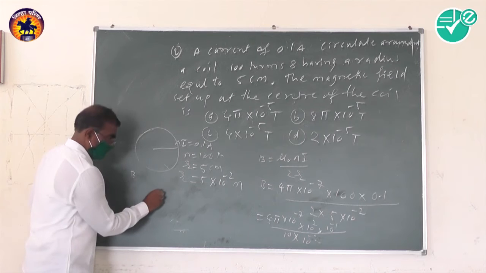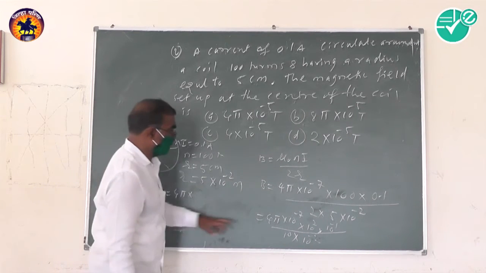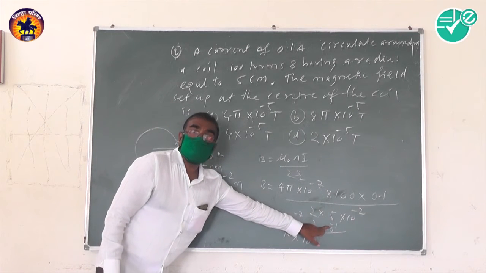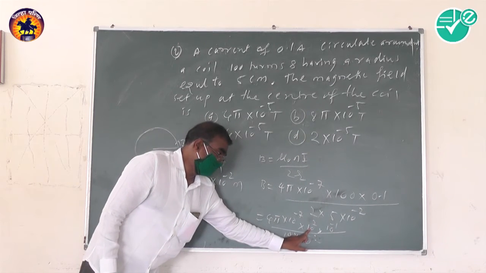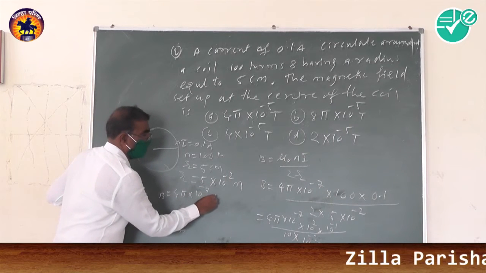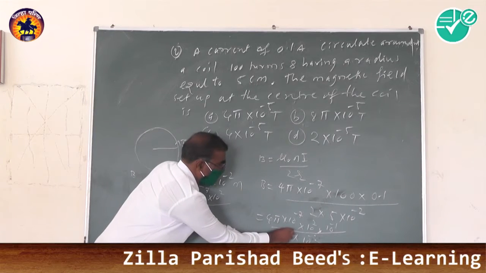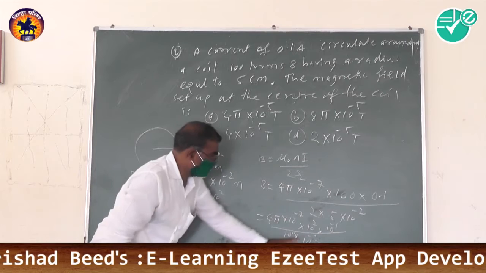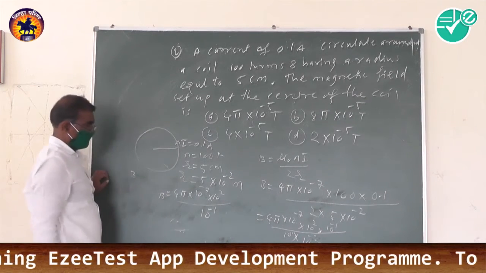See the calculation. B equal to 4 pi into 10 raised to minus 7, and 10 raised to minus 1 and 10 raised to minus 8. 10 raised to minus 8 and 10 raised to 2, minus 7 into 10 raised to 2 divided by 10 raised to 1. 5 2s are 10, 10 raised to 1 and 10 raised to minus 2 as 10 raised to minus 1.